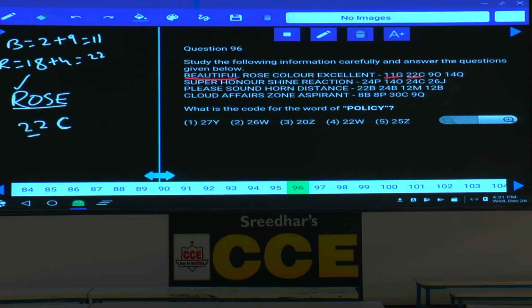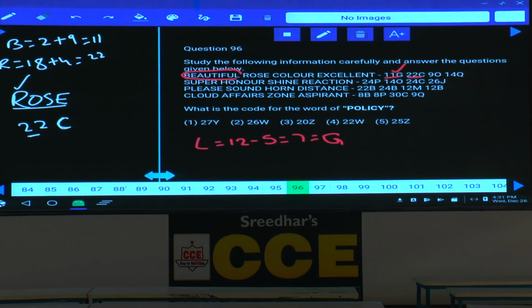Again in the word beautiful, what is the value of L? The value of L is 12. How many vowels are there in the word beautiful? 1, 2, 3, 4, 5. Hence 12 minus 5 is 7. The 7th letter is G, hence it is coded as G. Are you following this or not? Okay? Now in this one, this is what has been given.